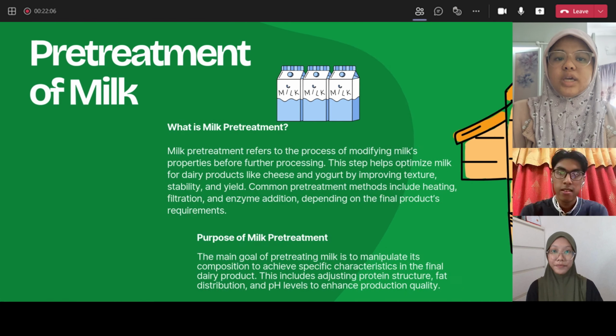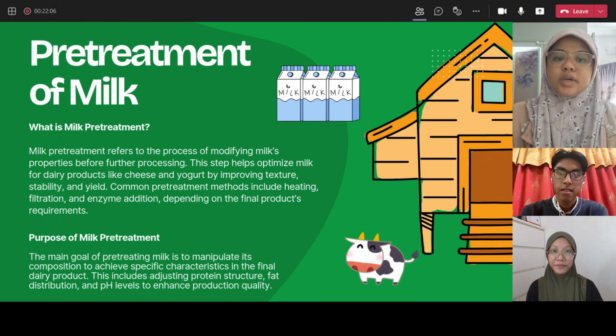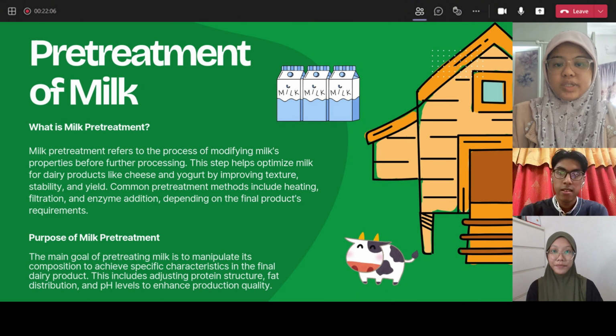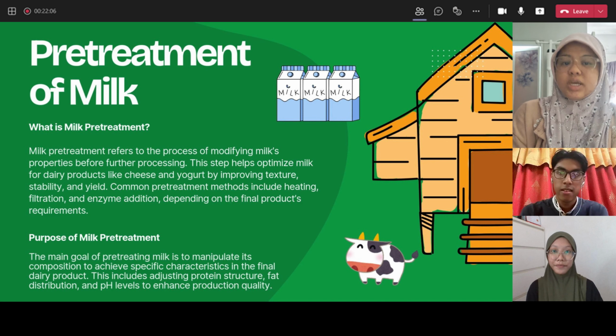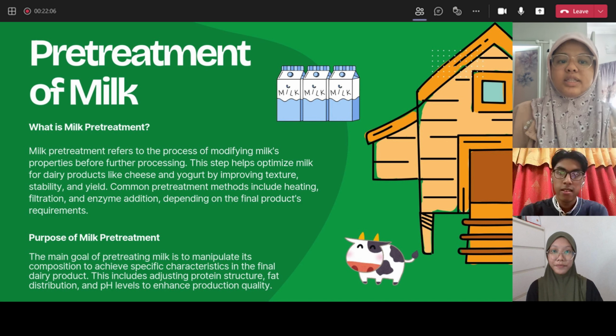Next, we will look into the pre-treatment of milk. What is milk pre-treatment? It refers to a process of modifying milk properties before further processing. This step helps optimize milk for dairy products like cheese and yogurt by improving the texture, stability, and yield.